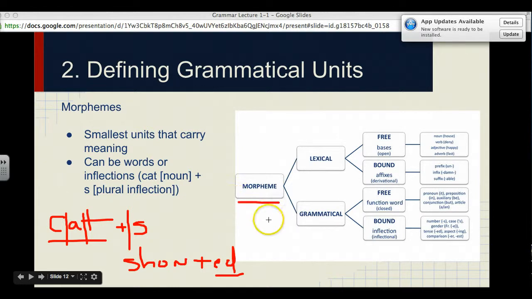Now this graph over here is a little bit more complex than we're going to get in this class, but it also might be good to just look this over and understand how the different types of morphemes are separated. So we have lexical morphemes, which are content words, nouns, verbs, adjectives, adverbs, the things we use, either actions or things that we use to talk about our own lives.